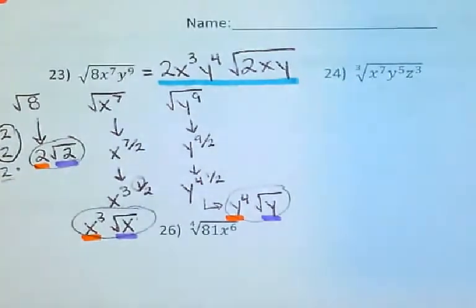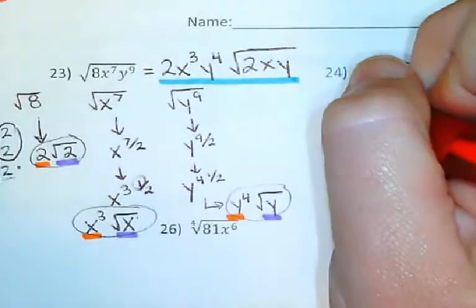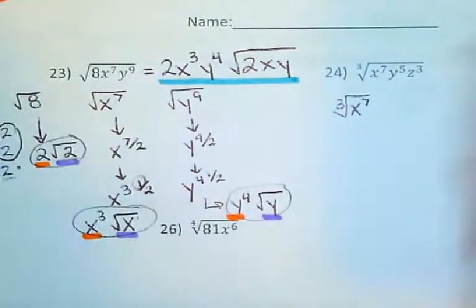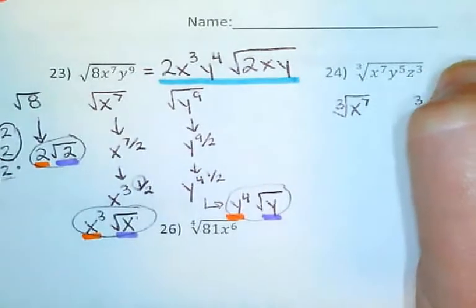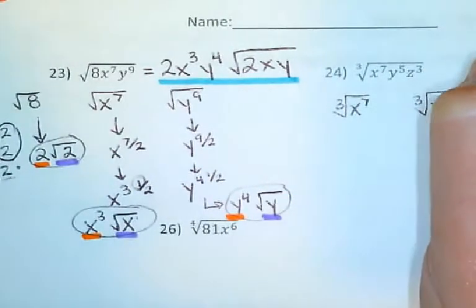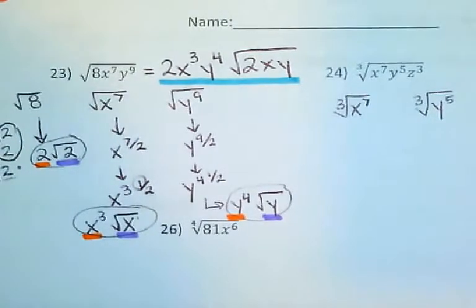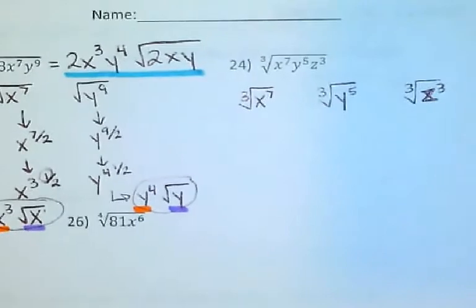So if I split this up, we're going to have the cubed root of x to the 7th, the cubed root of y to the 5th, and the cubed root of z to the, oh, that's a z, not an x, z to the 3rd. Alright, sorry, you guys didn't even see that.